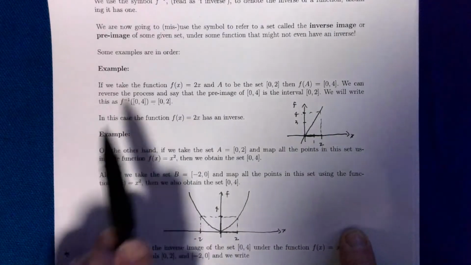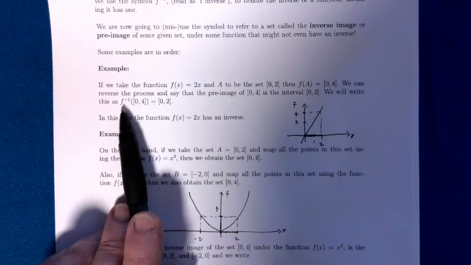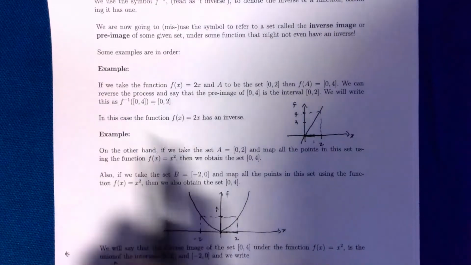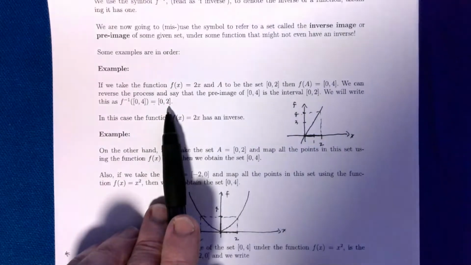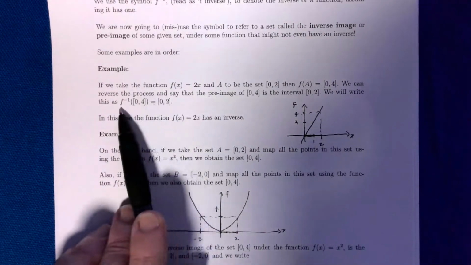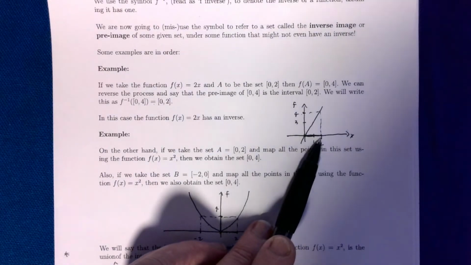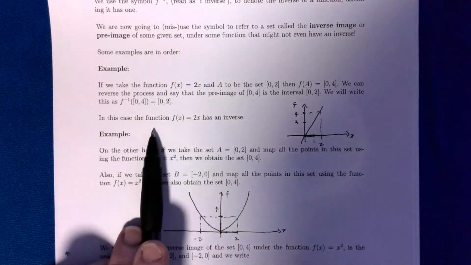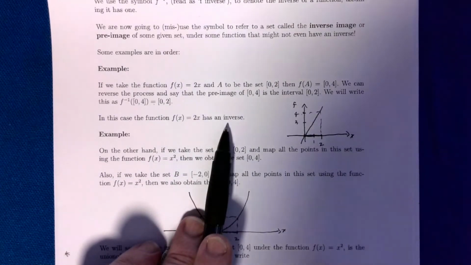I'm going to use this inverse notation, but read it as: the pre-image under f of the interval 0, 4 is the interval 0, 2. The pre-image of this set is this set under the function f of x is 2x. Now in this case, this function 2x does in fact have an inverse.